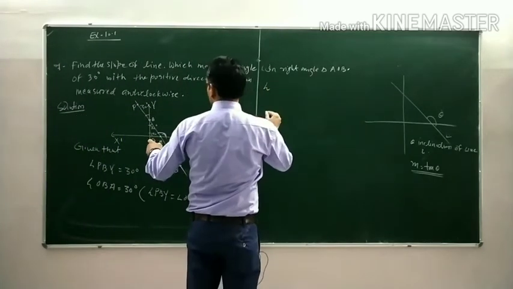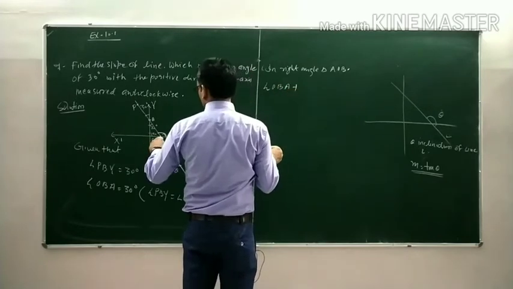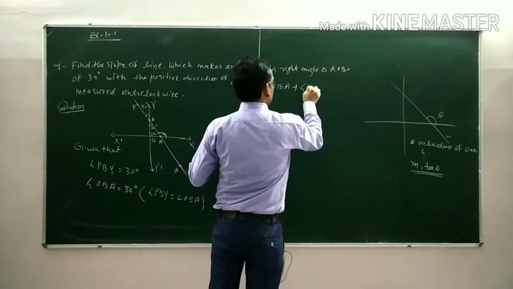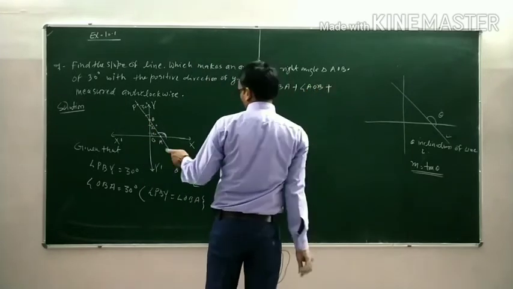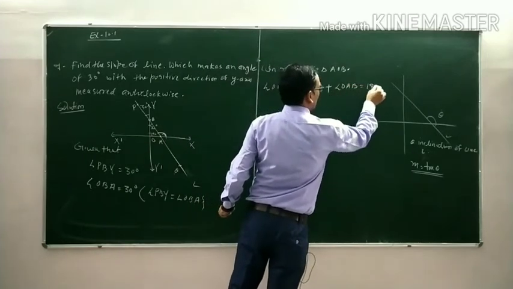Angle OBA plus angle AOB plus angle OAB equal to 180.